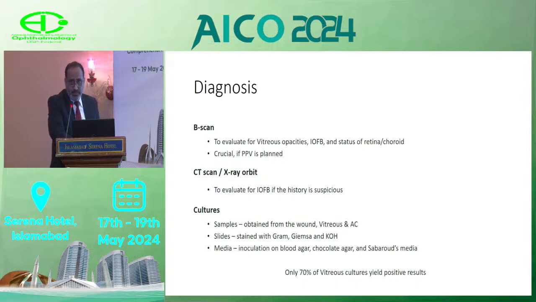KOH is specific for fungal infections. And media inoculation on blood agar, chocolate agar, and Sabouraud's medium is also very important so as to get the culture and sensitivity. But even in the best settings, only 70% of the vitreous cultures yield positive results.